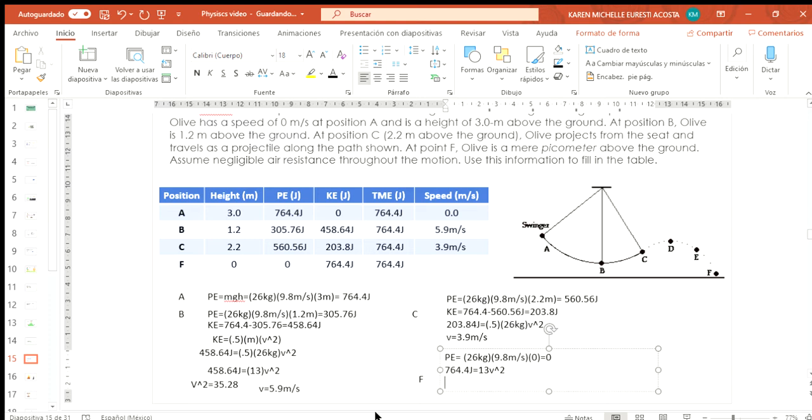Then we divide 764.4 joules by 13, and then we take the square root, so the result of this is 7.6 meters per second. So we have the speed.